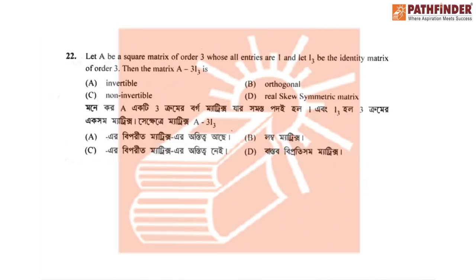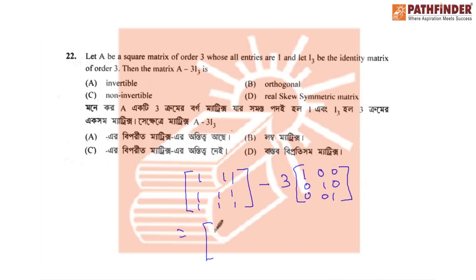Now 22. Let A be a square matrix of order 3 whose all entries are 1. Let I3 be identity matrix of order 3, then matrix A minus 3I3. So A is 1, 1, 1, 1, 1, 1, 1, 1, 1 minus 3 times 1, 0, 0, 0, 1, 0, 0, 0, 1, which is equal to minus 2, 1, 1, 1, minus 2, 1, 1, 1, minus 2.